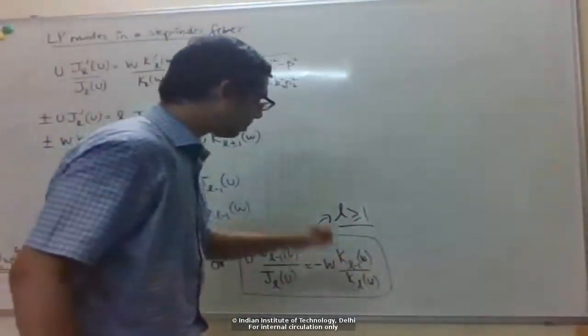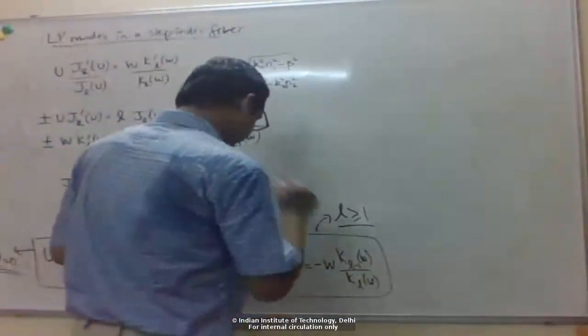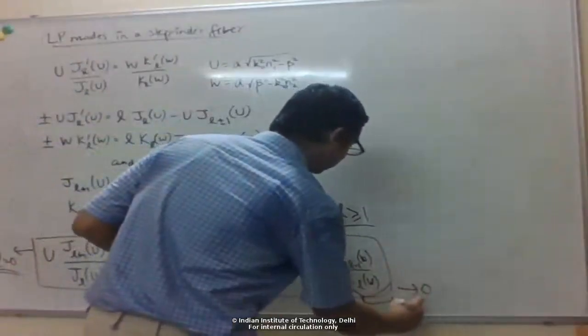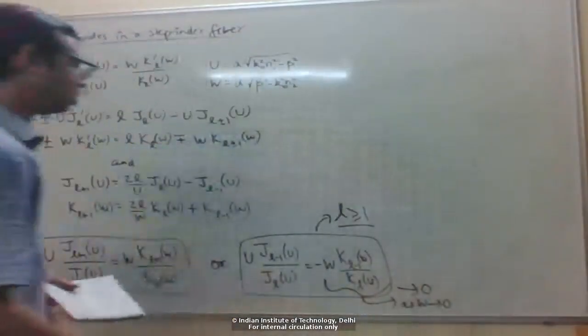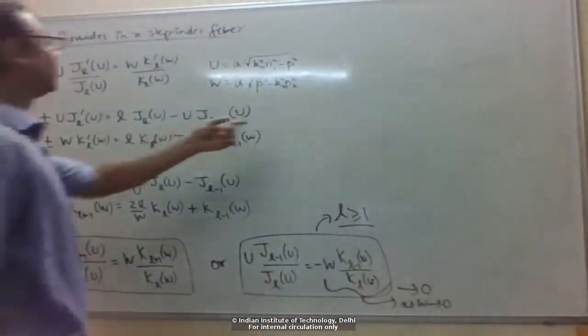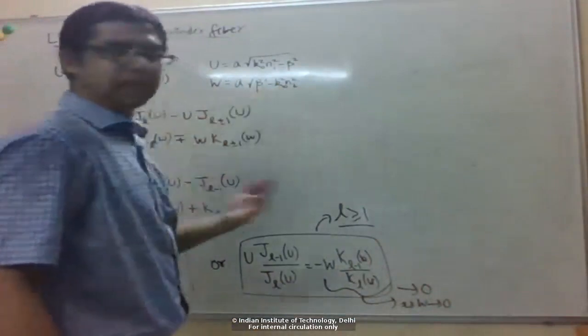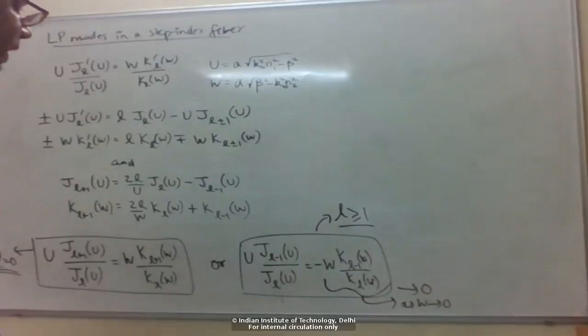If you have a lower order divided by higher order, this thing tends to 0 as W tends to 0. So when beta is close to k0 n2, which is cutoff, the mode has gone into the cladding.